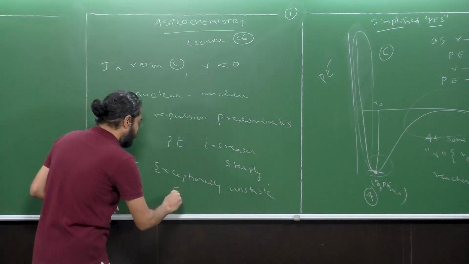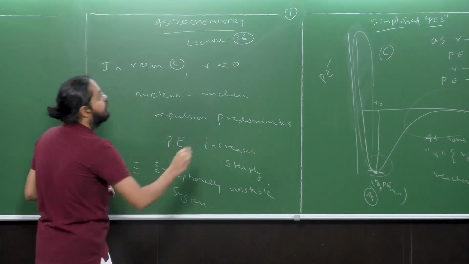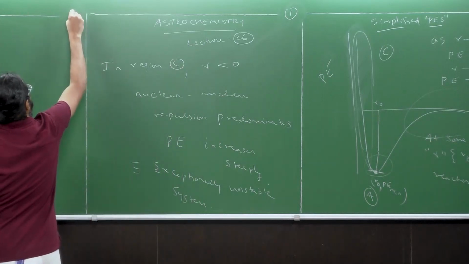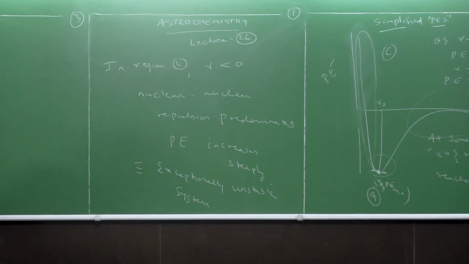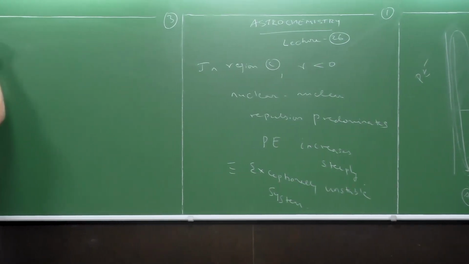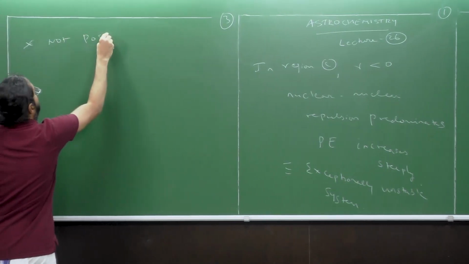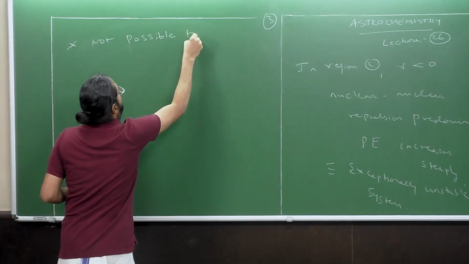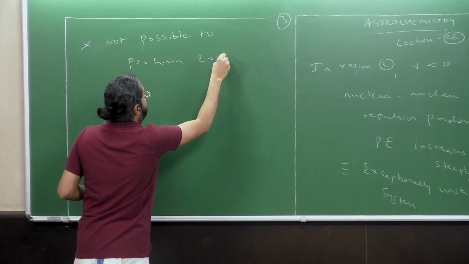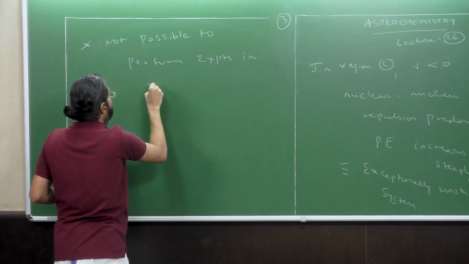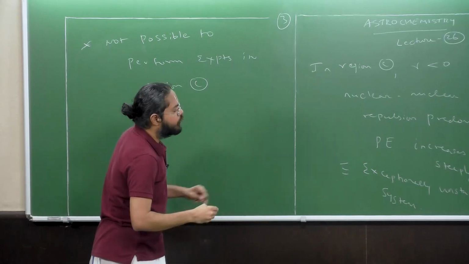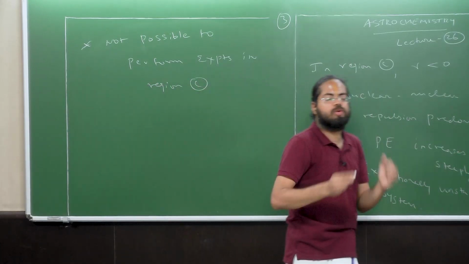So the system becomes exceptionally unstable, and consequently it is not possible to perform experiments in region C, at very close nuclear distances.